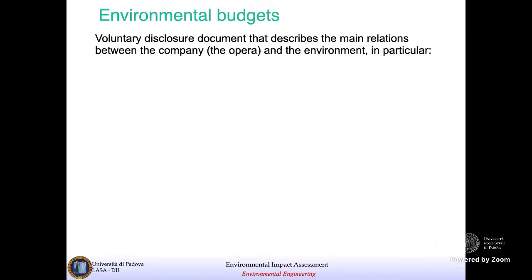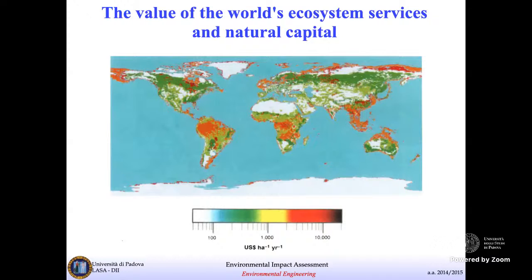This way of evaluating the effects of human activities on ecosystems is very relevant, is new.